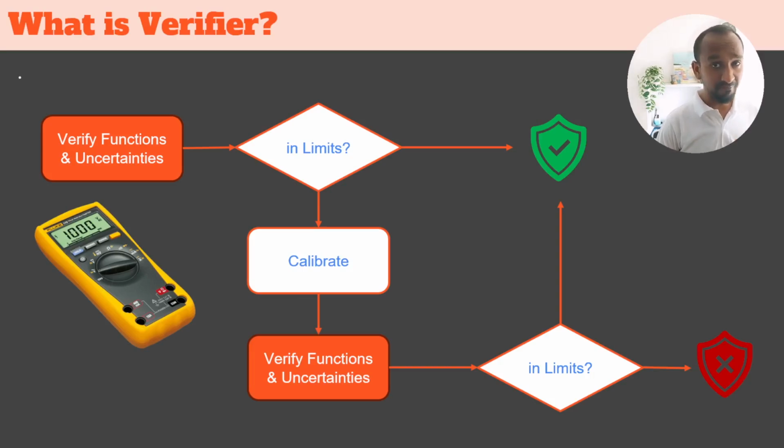If it fails again, even after calibrating it multiple times, if it keeps failing, you would say no, this instrument is not good for measurement, and you would keep it aside.